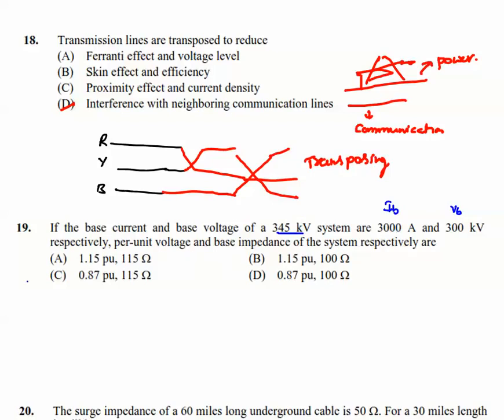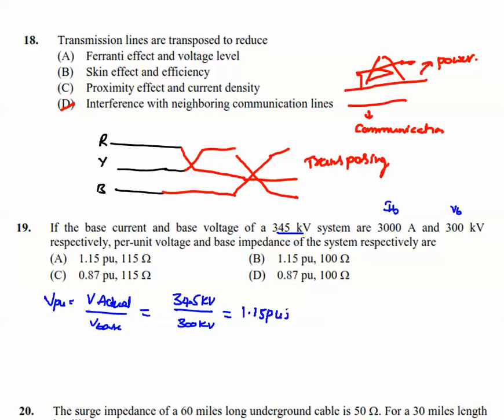So normally, V per unit is equal to V actual divided by V base. Okay, so actual rating is 345 kV divided by 300 kV. So by solving this you will get 1.15 per unit.